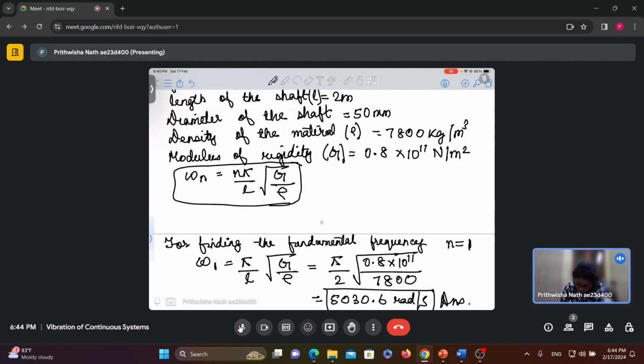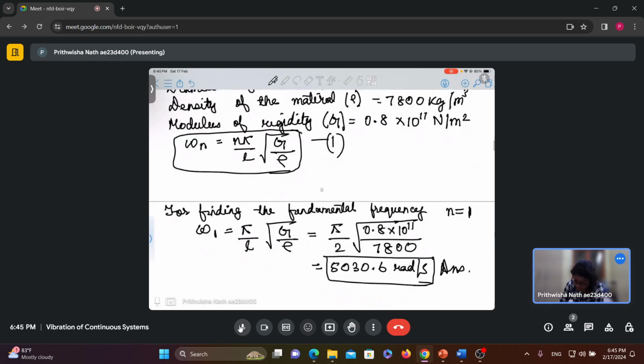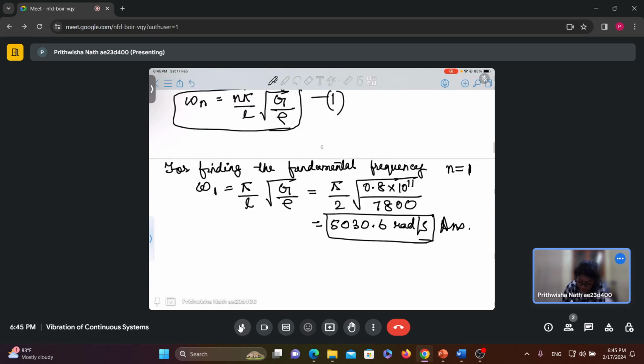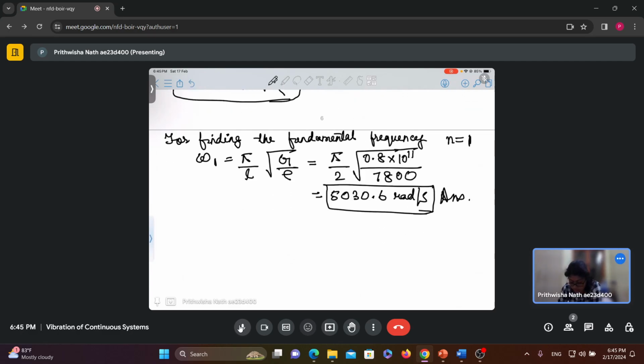So omega 1 becomes pi by L square root of G by rho. In place of L I put 2, and in place of G and rho I put the values. So this turns out to be 5030.6 radians per second.